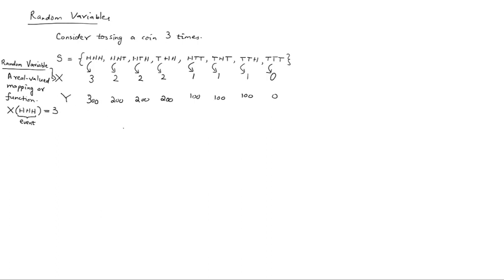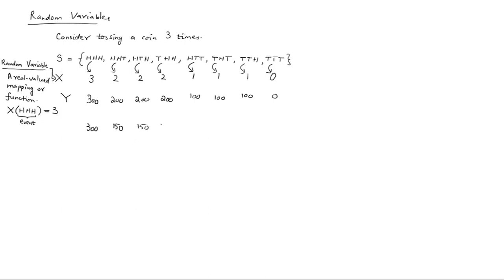Let's call it random variable Y. Now what if I tell you that you win 100 rupees for every head, but you lose 50 rupees for every tail? How many rupees will you win for the first outcome? 300. Second outcome? 150. So 2 heads is 200, 1 tail is minus 50, so 150. Third event? 150.